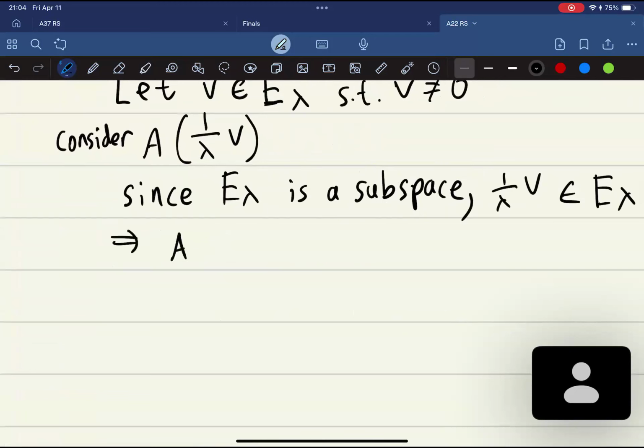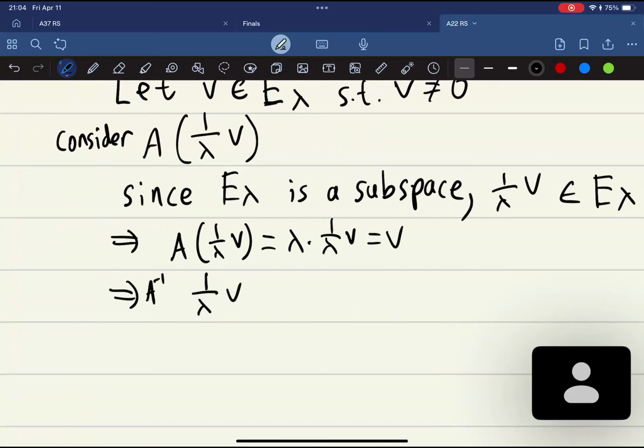That means this is equal to lambda times 1 over lambda v. And then here we can multiply A inverse on both sides. Then by associativity, you can group these two up.